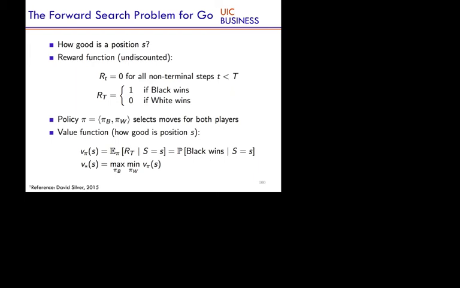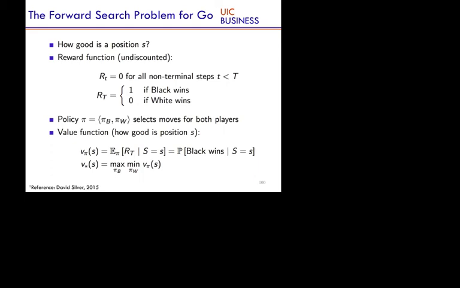And the value function, which is how good is a position S, is going to be the expectation, by following a certain policy for both the players, of reaching a reward which is 1, right? Which is just basically the probability that black wins given starting state S, and following policies pi B for the black player and pi W for the white player.